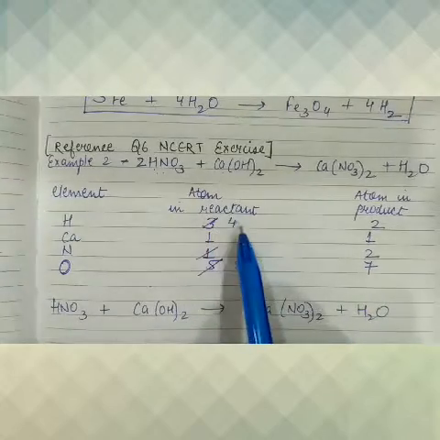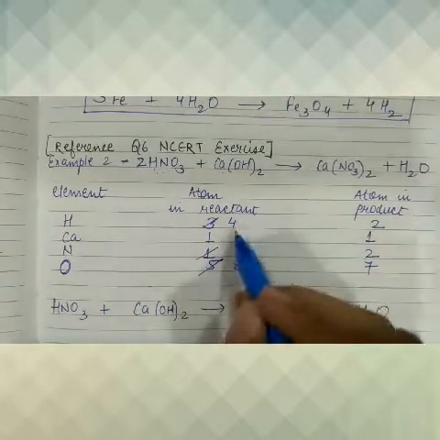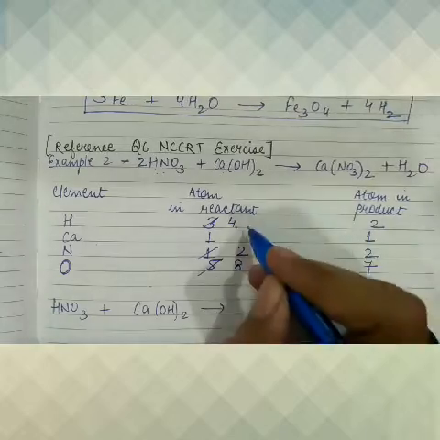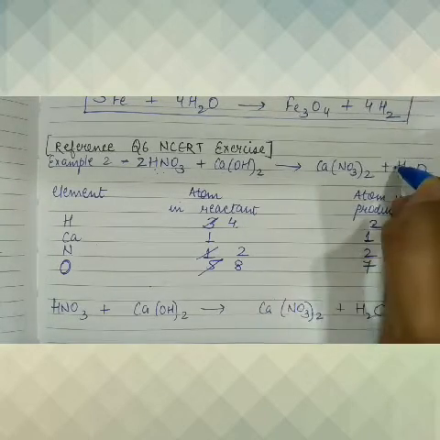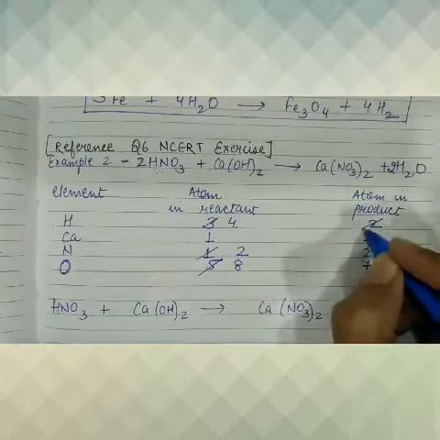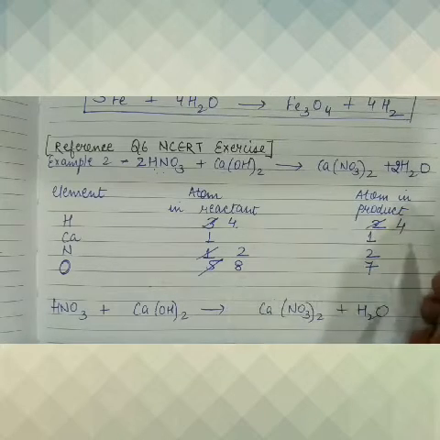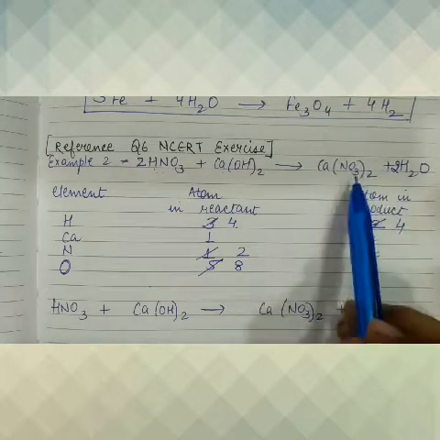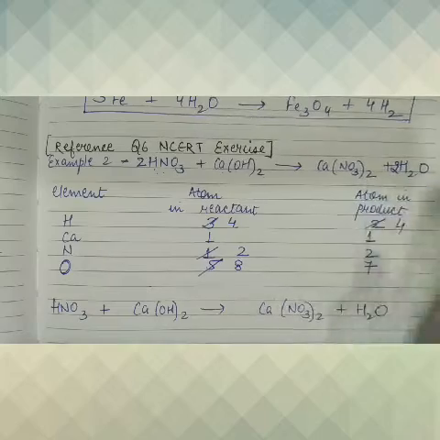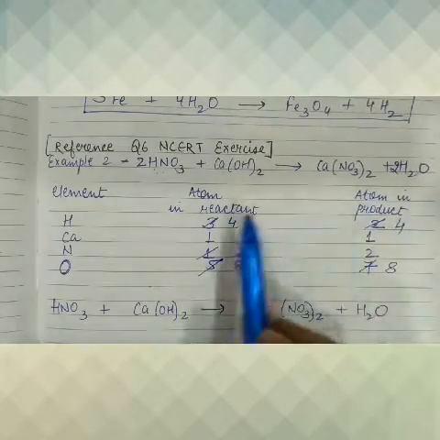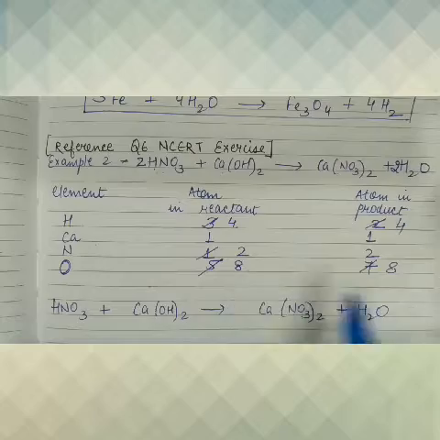Now we are going to balance the number of hydrogen atoms. Here it is 4. To convert 2 into 4, I am going to multiply this by 2. 2 2s are 4. Now the number of oxygen atoms changes to 3 2s are 6 plus 2, 8. See, 4, 4, 1, 1, 2, 2, 8, 8.